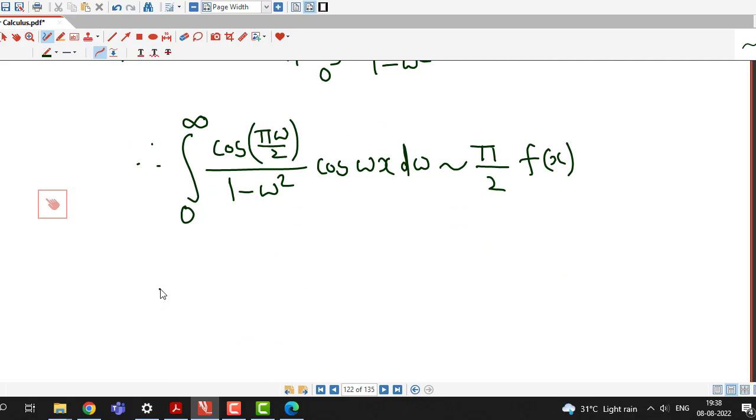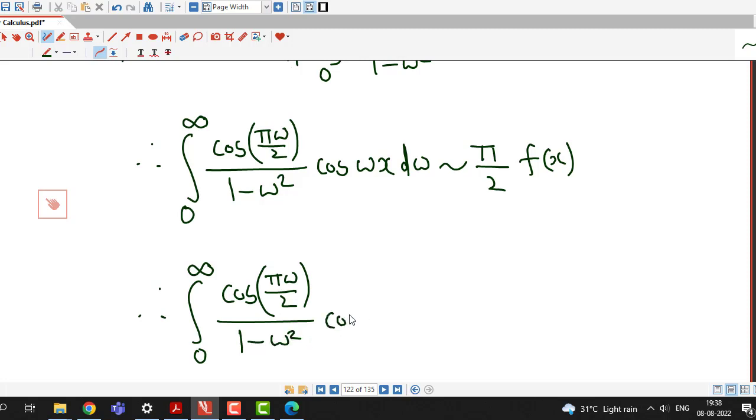So what we can write for this integral is, now we substitute the value of f(x), sin(πω/2) divided by (1 − ω²) cos(ωx) dω equal to, now f(x) is different in two different parts.